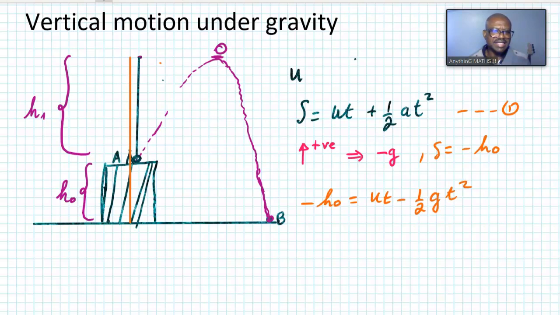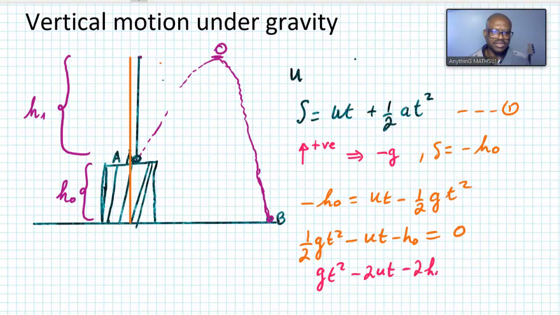What do you do next? It's quite clear that this is a quadratic in t, where it can be half gt squared minus ut minus h0 equals 0. Multiply through by 2, and we're going to get gt squared minus 2ut minus 2h0 equals 0.